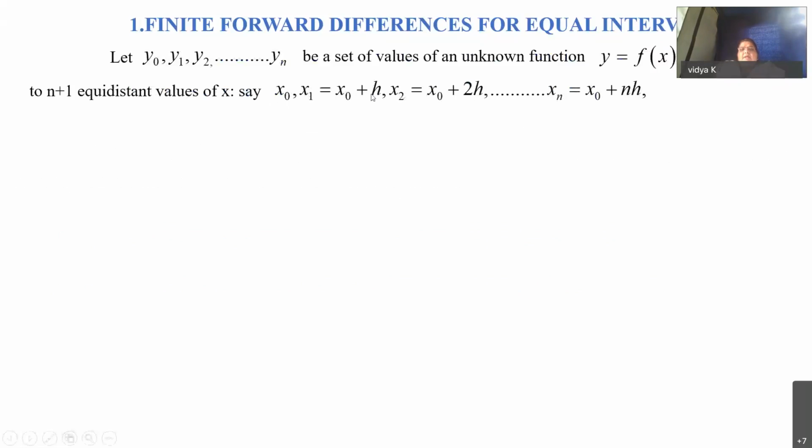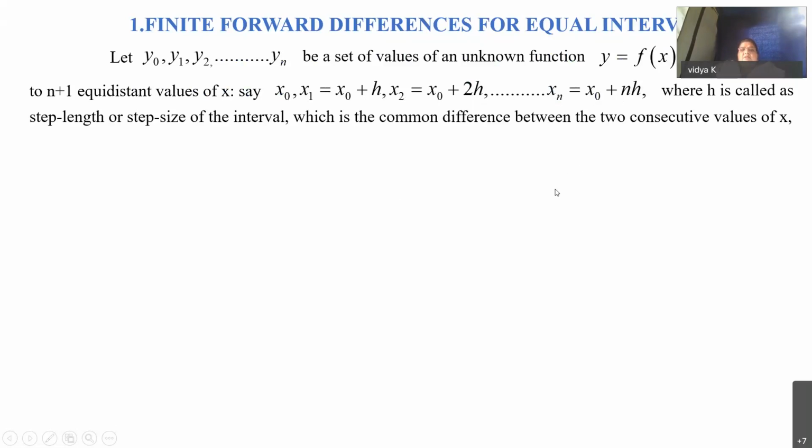Actually x2 is got by adding h again to x1, but here we prefer to represent every value of x in terms of the initial value. So x2 we get by adding 2h to x0. So the nth term will be x0 plus nh, where h is called the step length or step size of the interval, which is the common difference between two consecutive values of x.